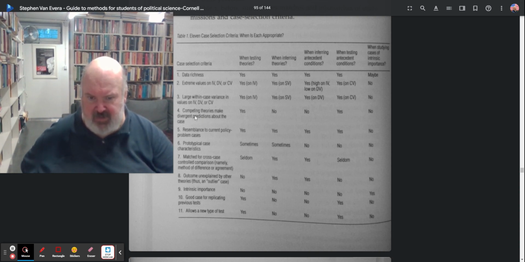Fourth, competing theories make divergent predictions about the case. Testing theories, yes. Inferring theories, not really useful. Inferring antecedent conditions, not really useful. Testing antecedent conditions, oh yes, that's available. And studying intrinsic importance, not necessarily. Next, resemble current policy problem cases, cases of current policy problems.